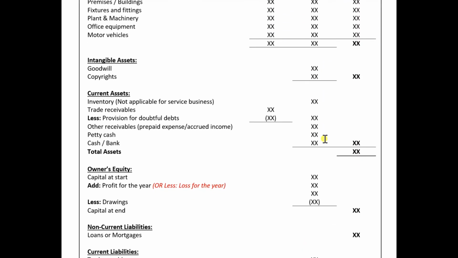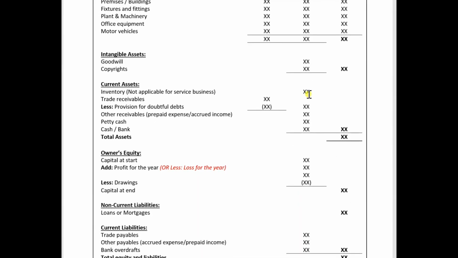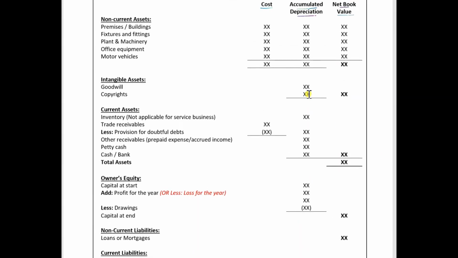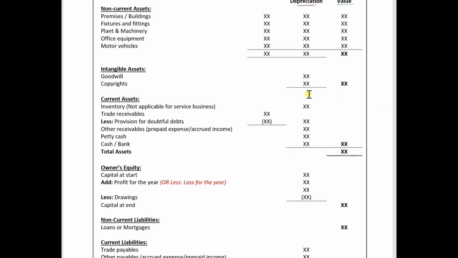Let me minimize this. As you can see, the statement of financial position is made up of the assets, owner equity, and liability. This part is the assets, this part is owner equity, and this part is the liability.